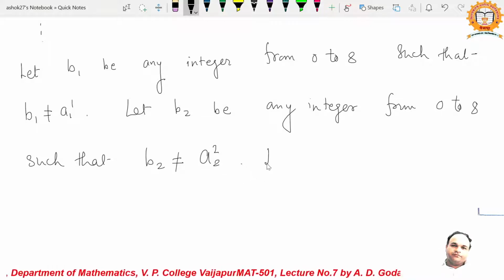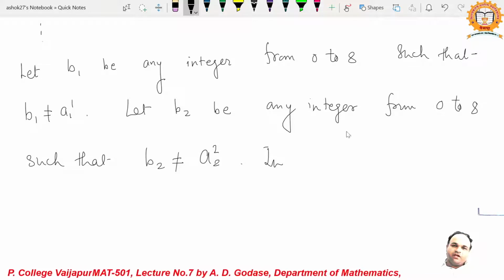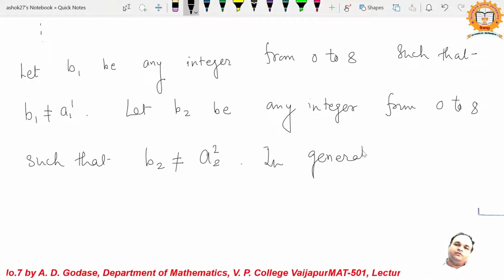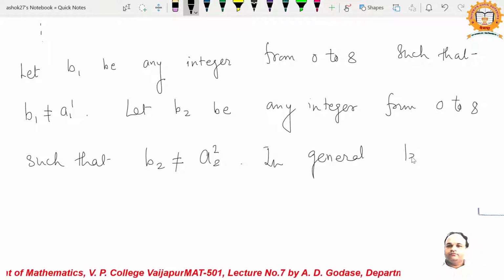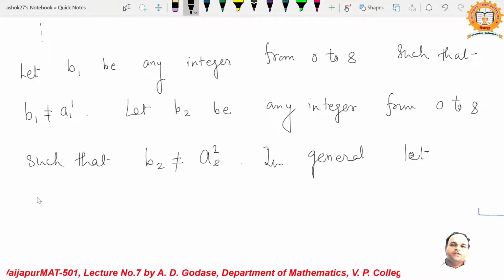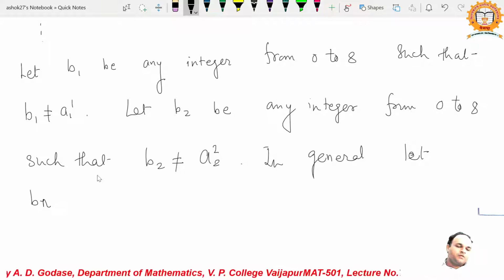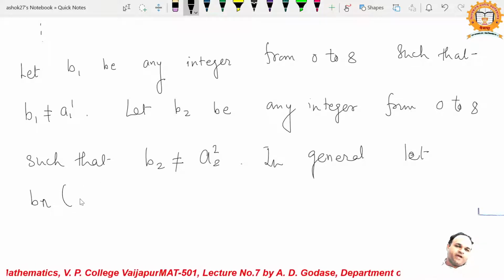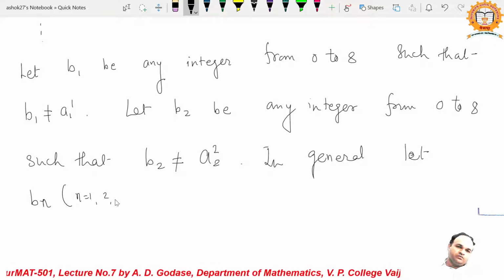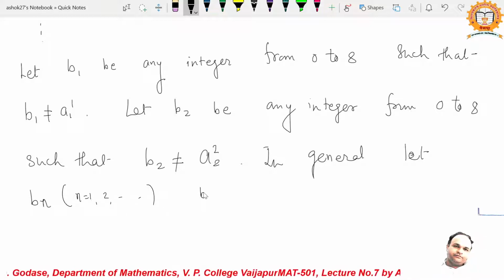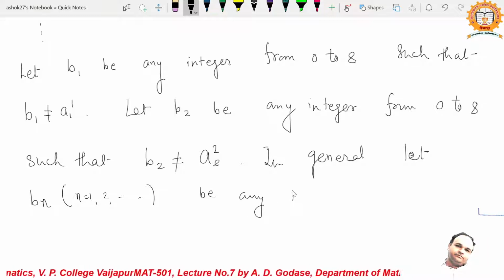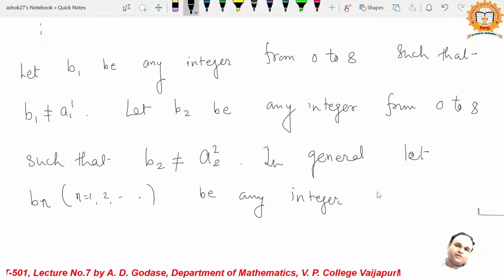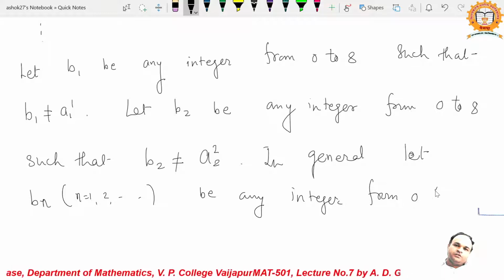I can continue this process: b3 is different from a33, b4 is different from a44, and in general, let bn, where n varies from 1 to infinity, be any integer from 0 to 8.